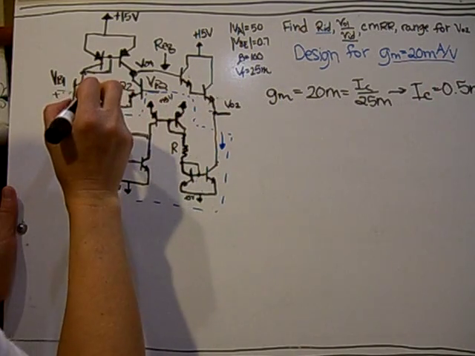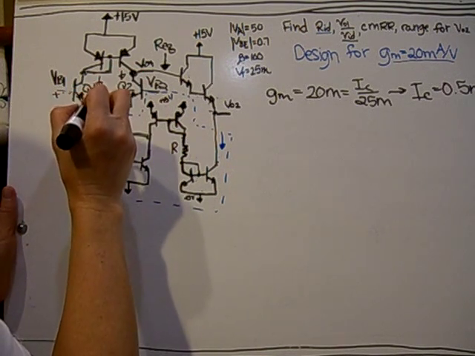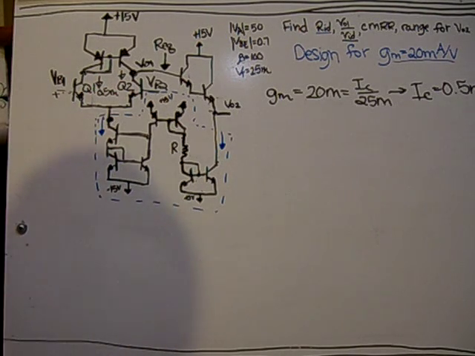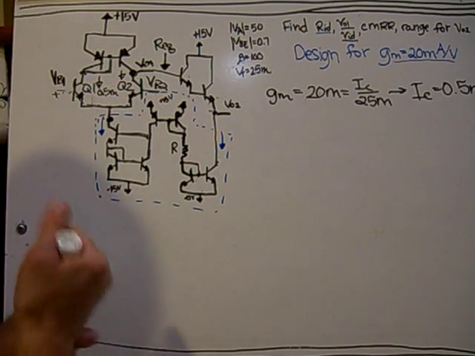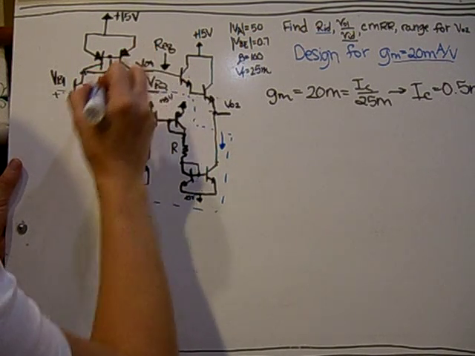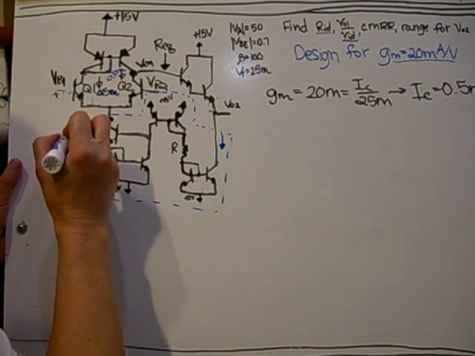This is the current flowing through the transistors up here. So 0.5 milli and 0.5 milli. So the total current would be 2 times that. Down here would be 1 milli.